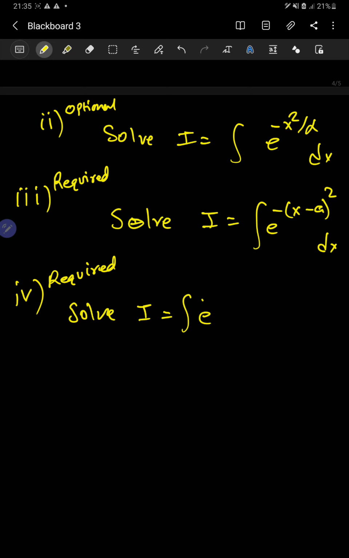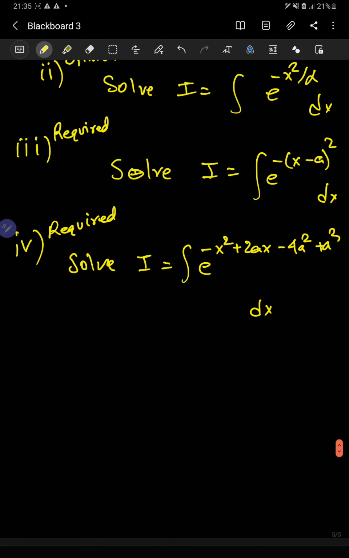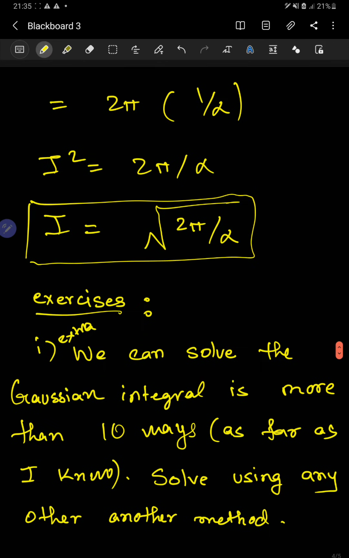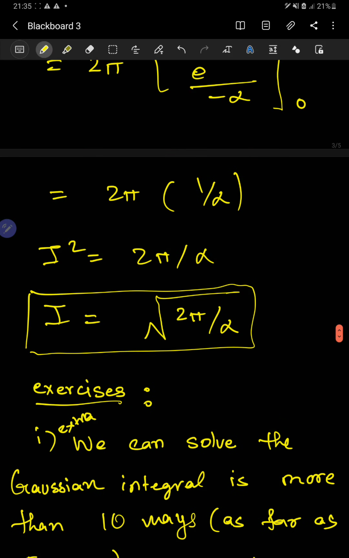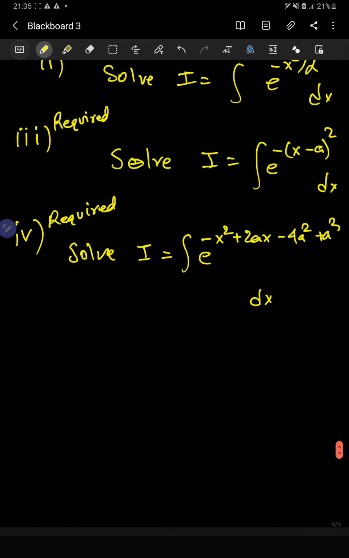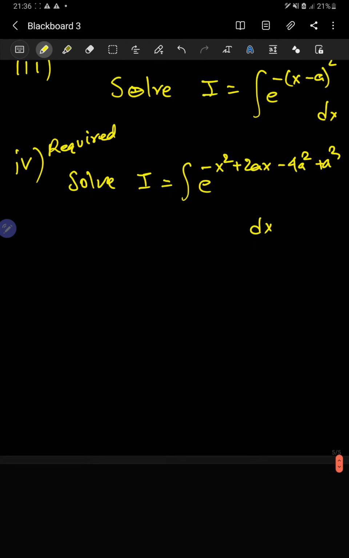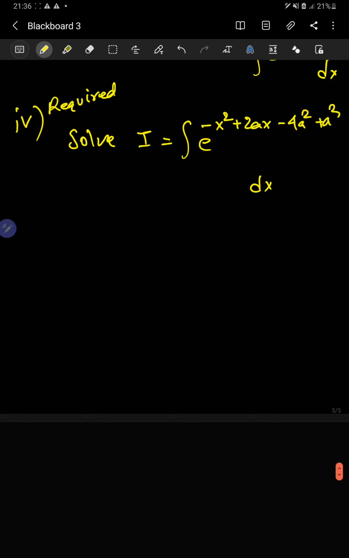I'll give them to you soon. Okay, let's put a minus x plus a cubed and dx. So you can solve each and every one of these using the formula we obtained for the Gaussian integral. It's very easy if you try manipulating them. If you can't, you can just ask me in the consultation hour.